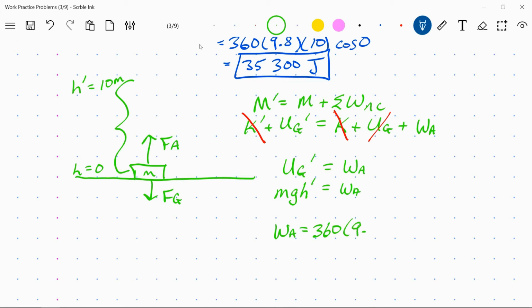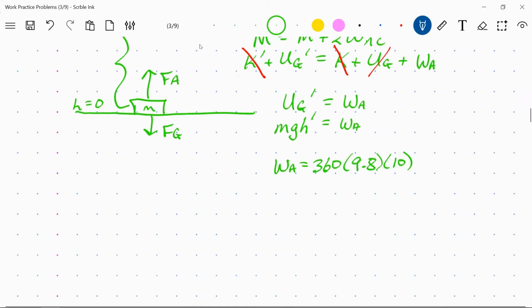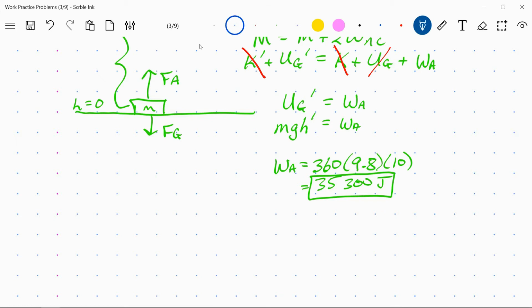M 360, G 9.8, and now I'm thinking of H prime as being that 10. Surprise of surprises, the answer is the same, 35,300 joules, again rounded to 3 significant figures. So either one of these is fully correct. You don't have to do it both ways. You can take your pick.